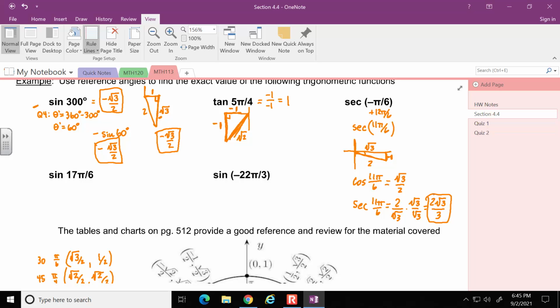the 30-60-90 triangle. If I take an equilateral triangle and give each side a length of 2, and then I draw this bisector here, all of these angles would be 60 degrees. If I bisect that angle, that makes this a 30-degree angle. And this becomes a 90-degree angle because I'm going perpendicular to the bottom side.